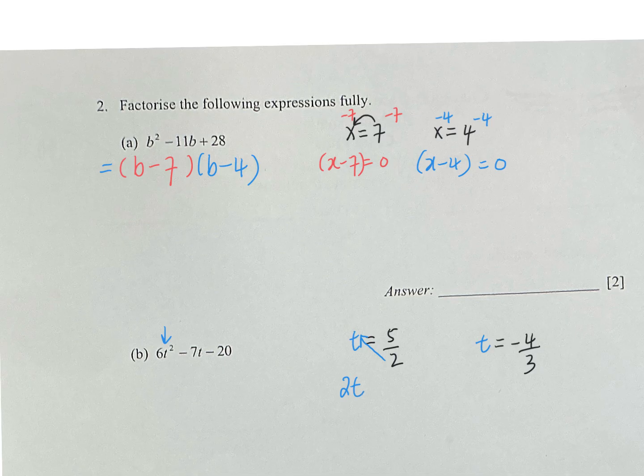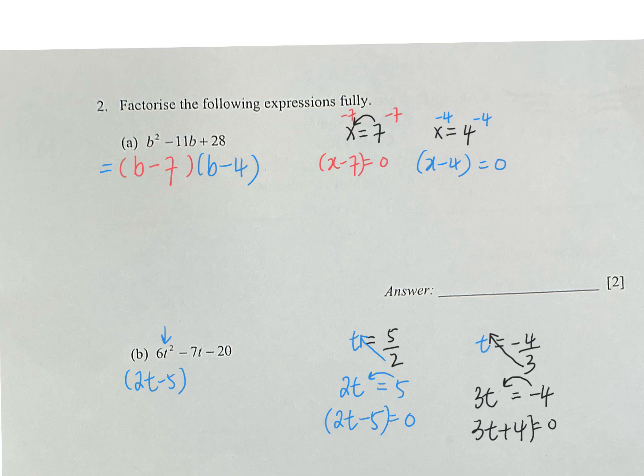This one is 2t. And then I minus 5 because I bring over, right? So this is one of my factors. What is the other one? I cross multiply this, and then I bring this over. So this is the other factor.